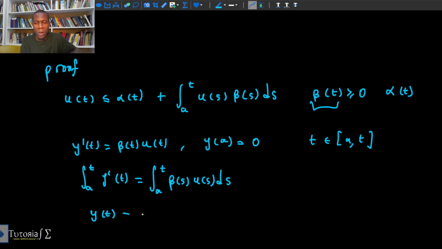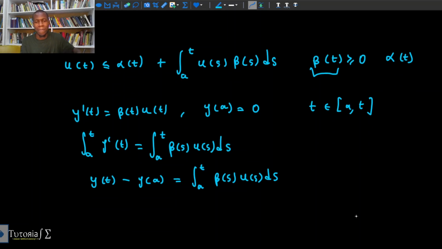When we integrate, it is just y, then we plug in the upper limit and the lower limit, and on this side we're going to have the integral from a to t of beta of s u of s ds. Now that we have that, we know that y of a is 0 by the initial condition, so we have y of t being equal to the integral from a to t of beta of s u of s ds. So we have our y here.